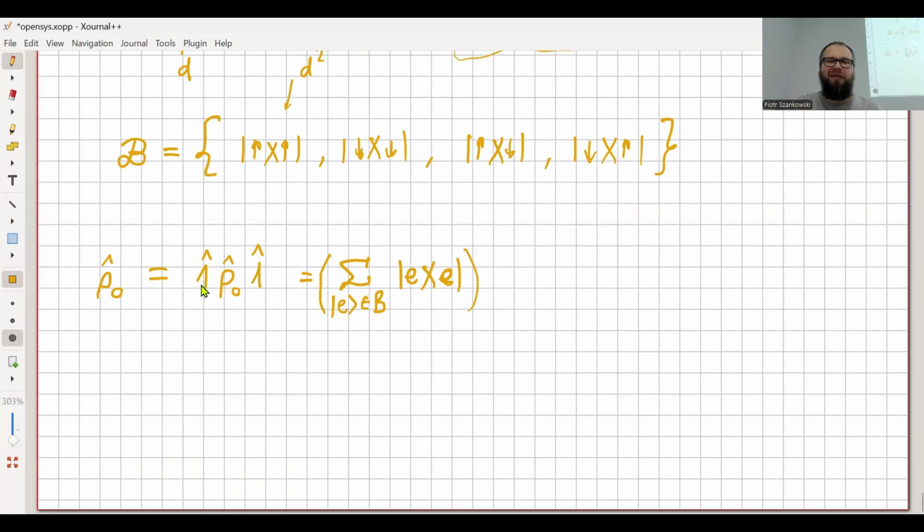And you write identity as a sum over all the projections on each basis vector. You do the same with the other one, E prime.